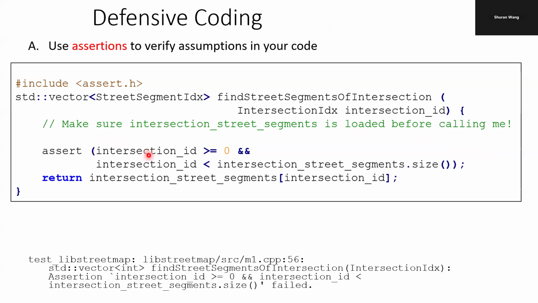So we want to make sure that the intersection ID is greater than or equal to 0 and is less than the number of intersections. And we want to make sure that the intersection street segments dot size is not 0, so there is something inside this global variable. And this is the assertion message.